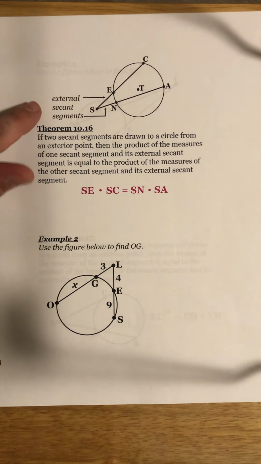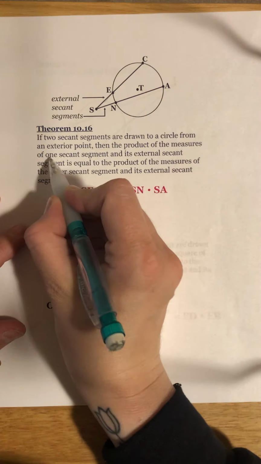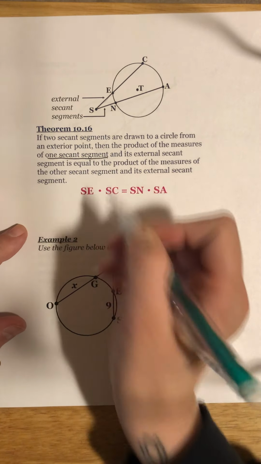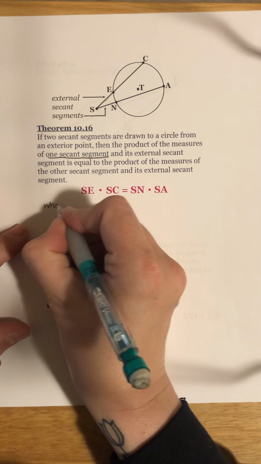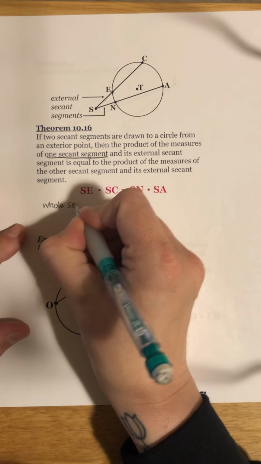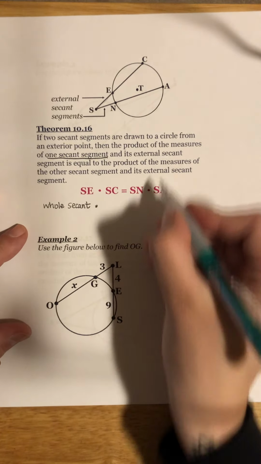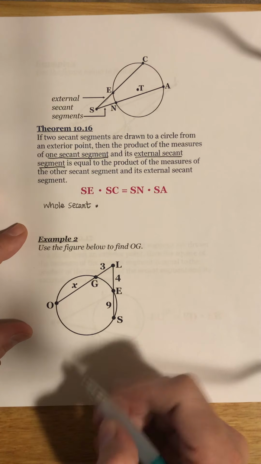Notice that they have what's called an external secant segment. Well, that means the part that's on the outside of the circle. That's all that means, okay? So here's what this says we're going to do. We are going to multiply the whole secant times its external piece, okay?